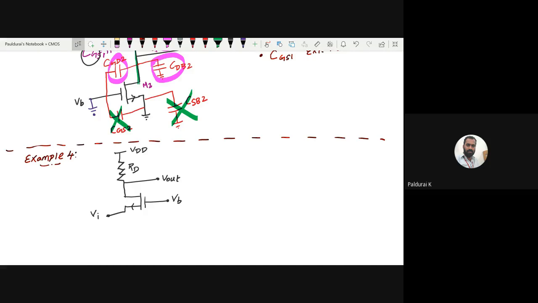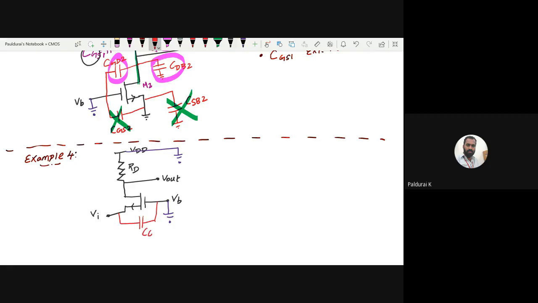At the very first step, ground connection, right? Ground. The biasing voltage must be connected to ground. This VDD must be connected to ground. Then you want to drop all the capacitors. Then a gate to source, right?